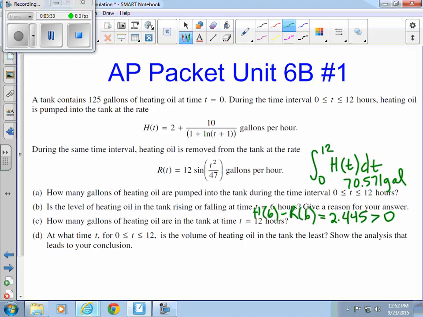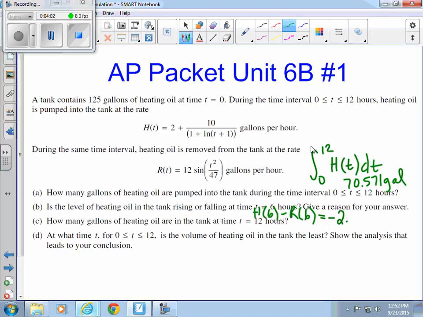Okay, so 2.445, which is greater than 0. That's my reasoning, isn't it? Yes. So what did negative 2.924?